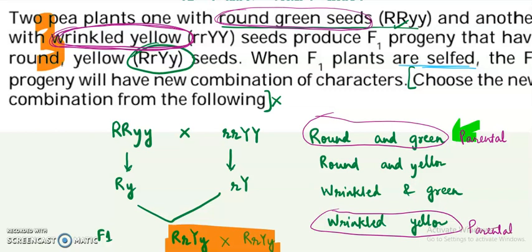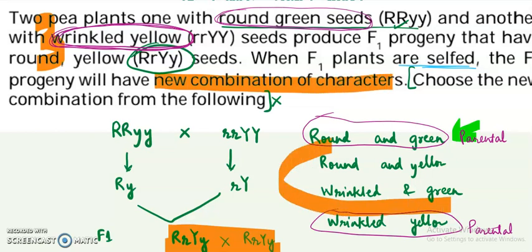So here, students, what are the new combinations of characters? These are the new combinations of characters. The ones taken as parents are the parental combinations, but the new combinations of characters are produced because of the variations.